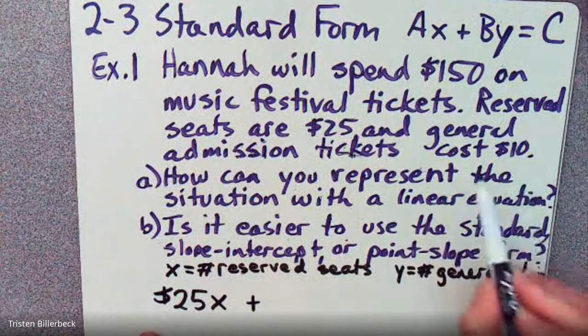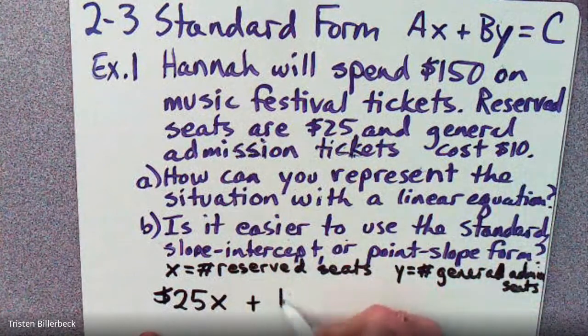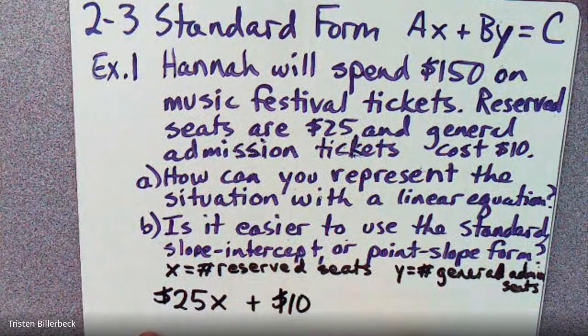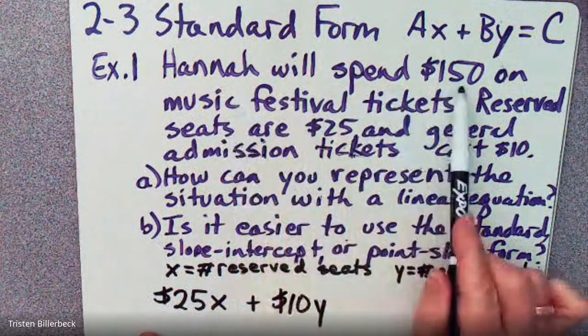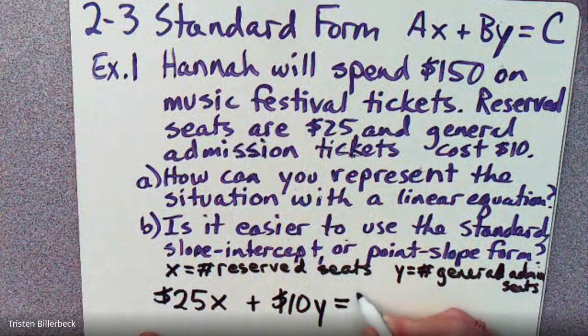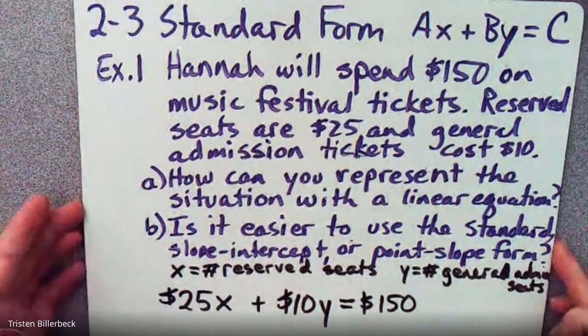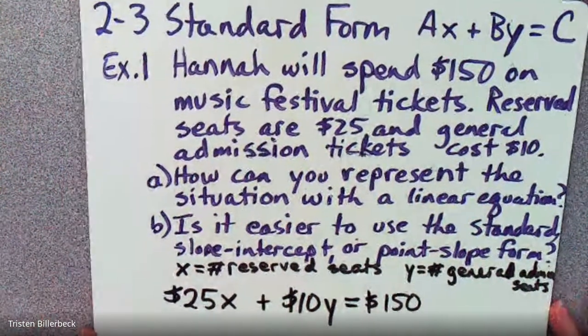Plus the general admission is $10, so $10 times the number of general admission seats. And then our budget is $150, so we don't want to go over that. So that would be a standard form equation.